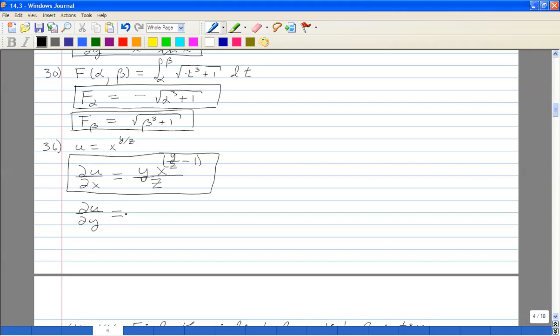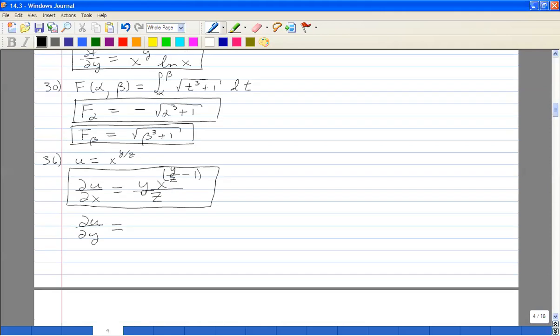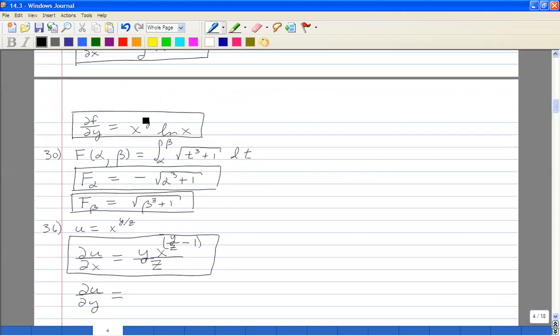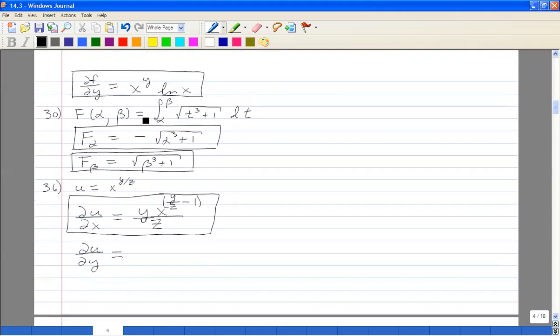Okay, so, well, the same thing that we did in this previous problem up here. So I have a constant x to a variable y, which is varying over the constant z.